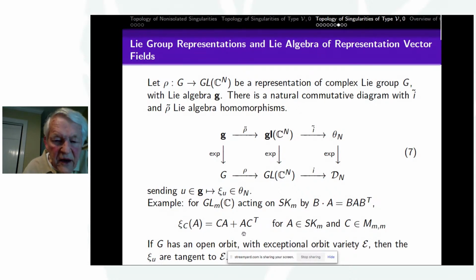And in fact, the results of the people I showed before say that Der(-log E) is actually generated by this module of vector fields, in this case. So you can go through and take C to be the successive basis elements, look at those, and then you get a module generated by that, and that gives you all the vector fields that you're going to have.